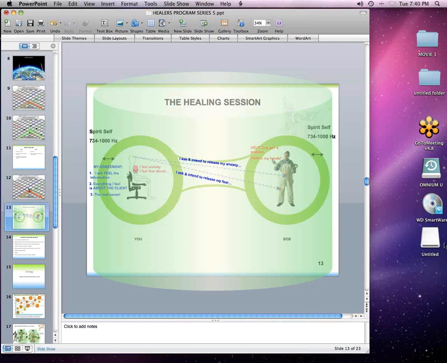When you are very clear, what is the root cause?